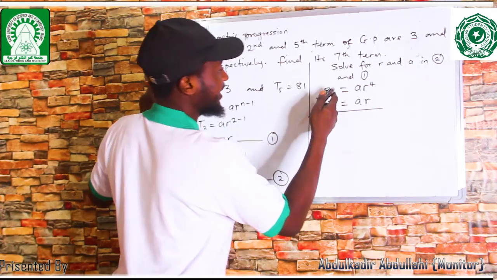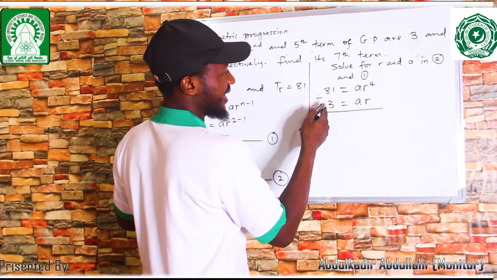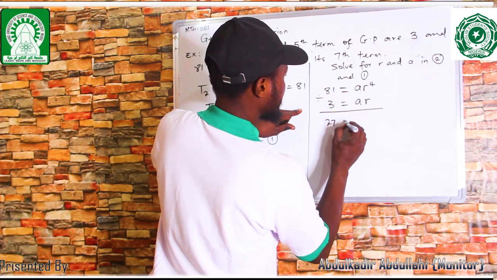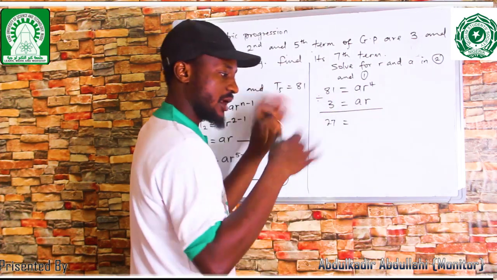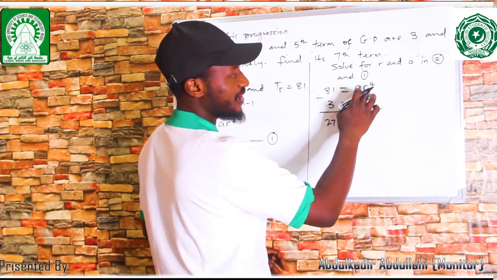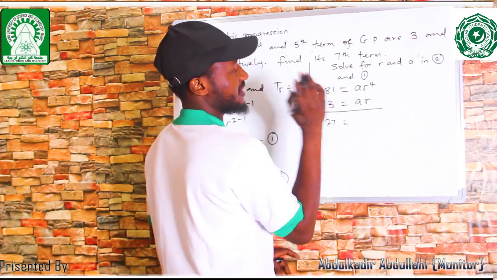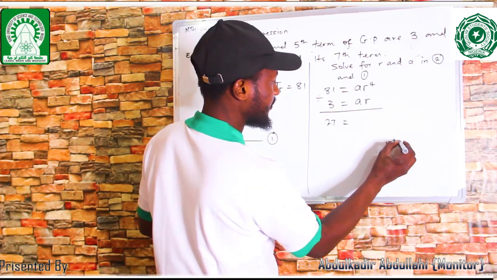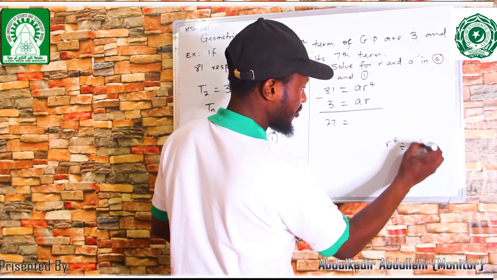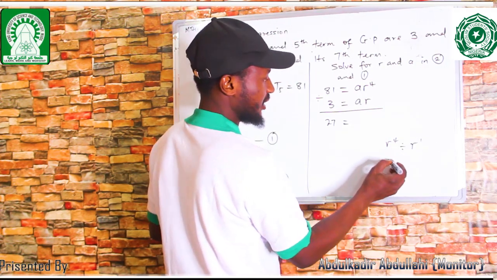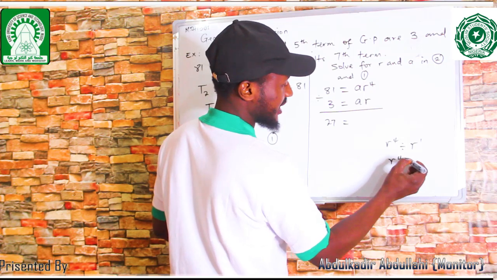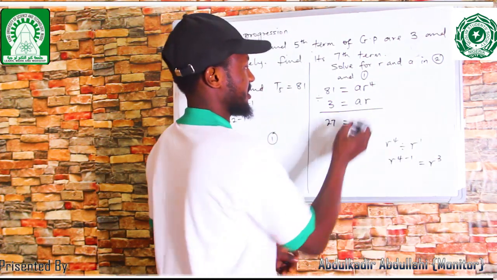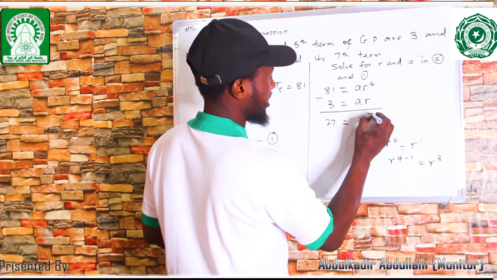So 81 divided by 3 is 27, which is equal to A divided by A, which is 1, it will go. Then R^4 divided by R^1. According to the law of indices, you subtract the powers, so we're going to have R^3.